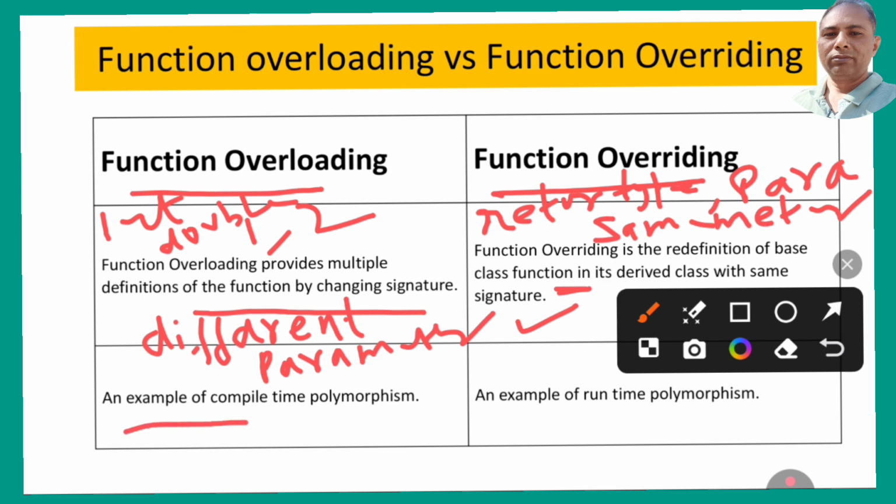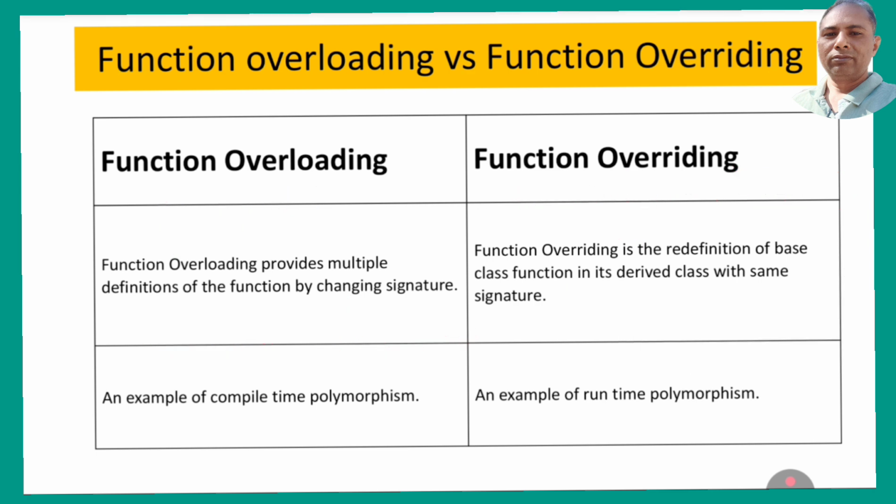So this is an example of compile time polymorphism, and this is an example of runtime polymorphism. This is the basic difference between function overloading and function overriding.